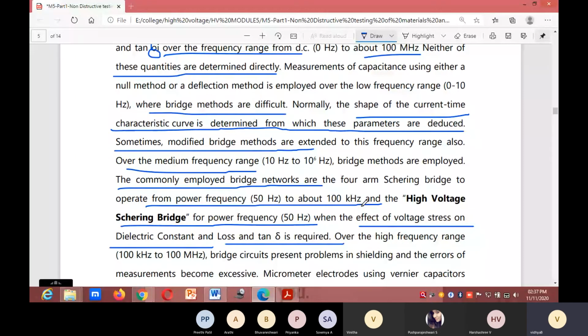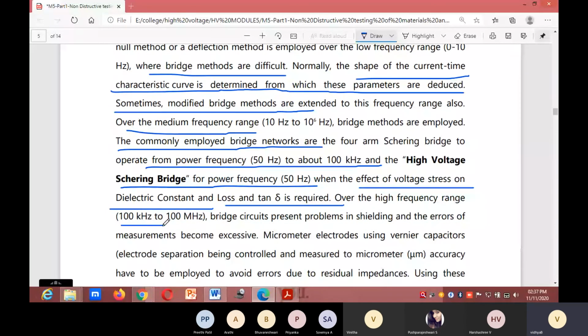Over the high frequency range, that is 100 kilohertz to 100 megahertz, bridge circuits present problems in shielding and the errors of measurement become excessive.